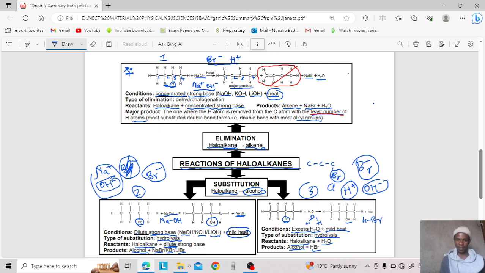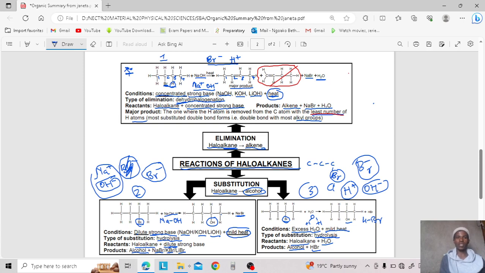Right, these are the reactions of haloalkanes, where it produces two reaction types, elimination and substitution. Don't forget, the type of elimination here is dehydrohalogenation, because in elimination we remove two things, hydrogen and halogen.